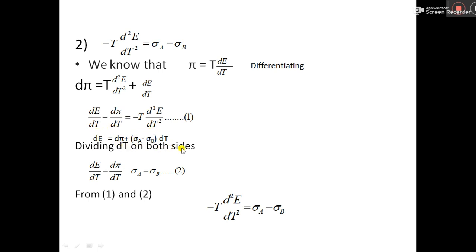Dividing by dt on both sides of the above equation, we get dE by dt minus d pi by dt, that is equal to sigma A minus sigma B. Call this equation number 2. Observe that the left hand side is the same in both equations 1 and 2, so equate the right hand sides. We get minus T into d square E by dt square is equal to sigma A minus sigma B.